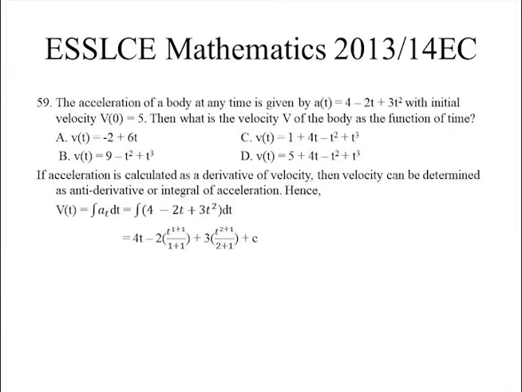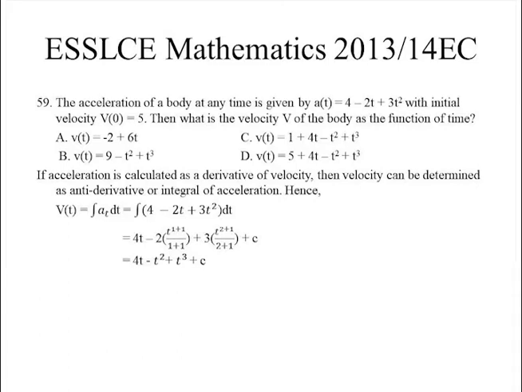This equals 4t minus 2 times t squared divided by 2 plus 3 times t cubed divided by 3 plus c. 2 crosses out by 2 and 3 crosses out by 3. We are left with 4t minus t squared plus t cubed plus c.